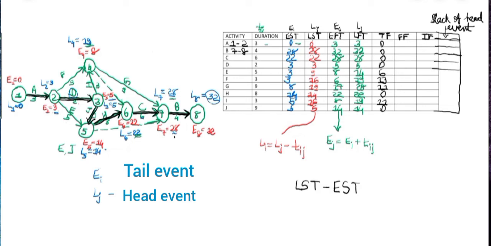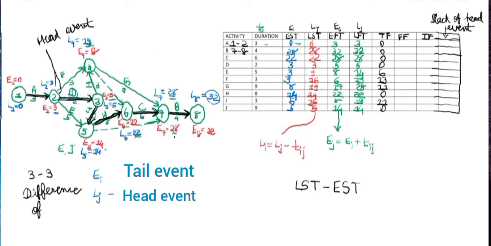The slack of head event you will find by subtracting E and L at the head event. And for activity A, your head event will be node 2, and for activity A, your tail event will be node 1. So that is how, by taking the difference of E and L at node 1, you can find the slack of tail event.